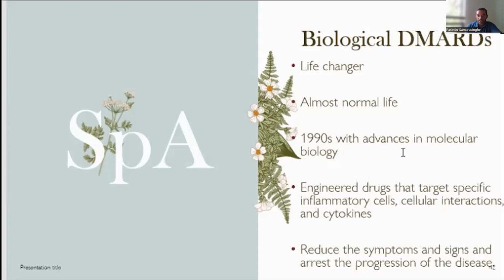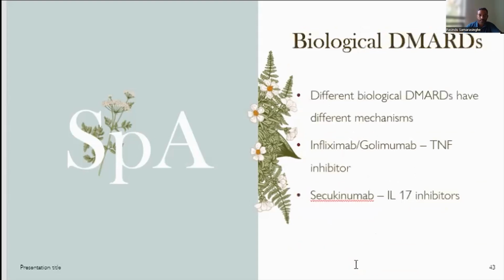So they directly target the inflammatory cytokines, as I described before, the IL-17s, the TNFs. That's where the inflammation, the pathological process, is active. So they target these molecules straight away. They reduce the symptoms and signs and even arrest the progression of the disease.